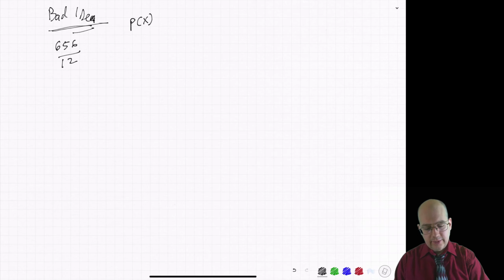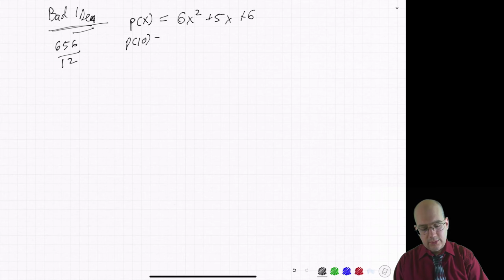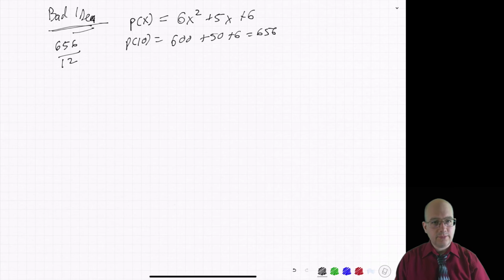Think of the polynomial as 6x squared plus 5x plus 6. Notice that when you plug in p of 10, you get 656, because 10 squared is 100, times 6 is 600, plus 50 plus 6 equals 656, right? I am using the representation of the numbers in base 10, basically.